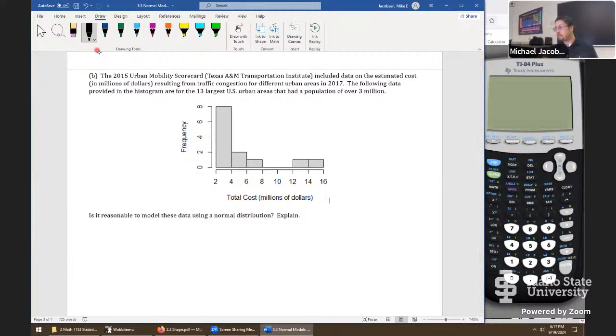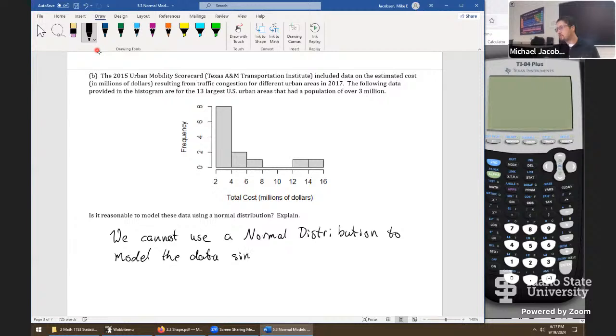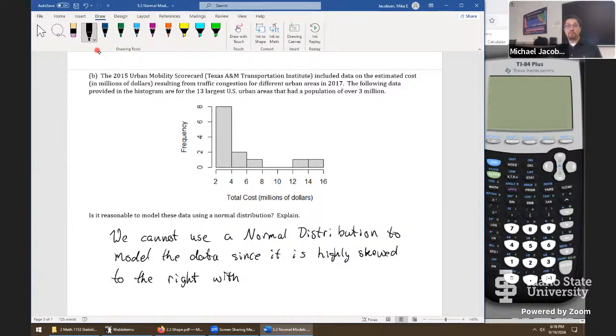So let's say here, we cannot use our normal distribution to model the data since it is highly skewed to the right with, this is another problem with the normal model.